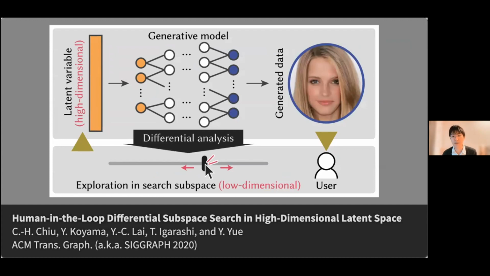In this case, our method does not use Bayesian optimization, but instead, the method analyzes the local structure of the deep generative model to construct the effective subspace for the slider manipulation query. So the interface is basically the same as the project that I explained first.